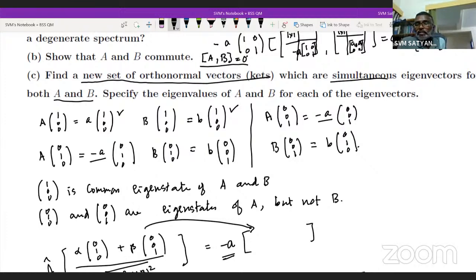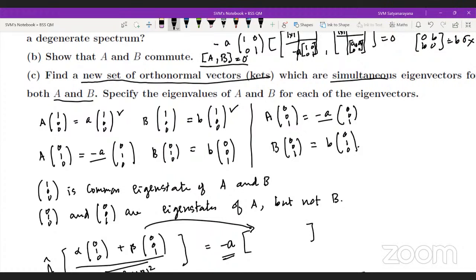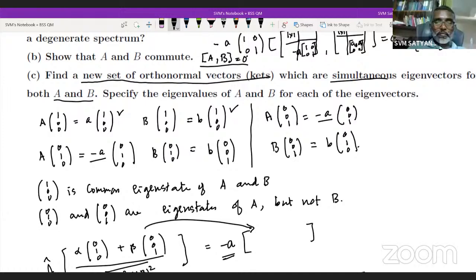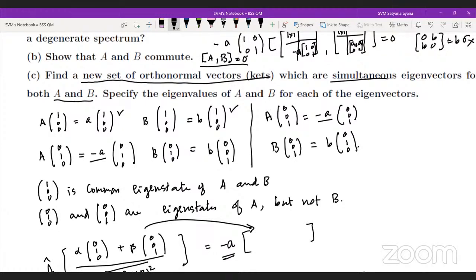Okay, so any question here? These eigenvalues and eigenvectors which are common to both the operators are made possible only because they both had degeneracy.